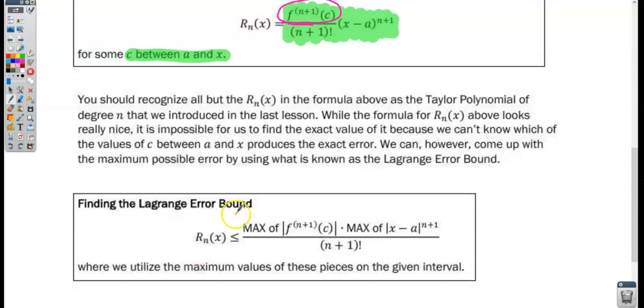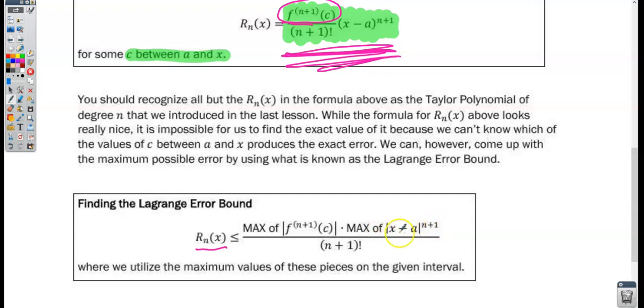This remainder term, which is equivalent to the error, has to be less than or equal to the maximum value of the absolute value of the n plus first derivative of f at c. If that's negative, we're going to turn it positive to bound the error. Times the maximum value of the absolute value of x minus a to the n plus first.